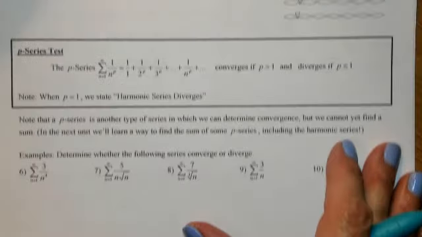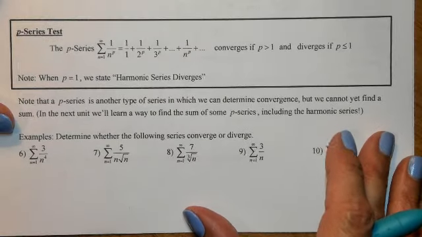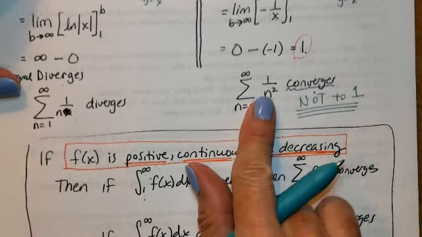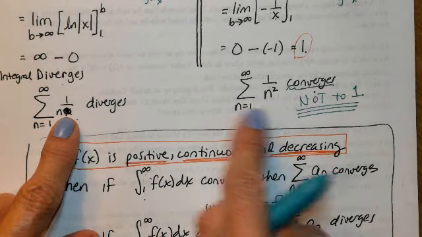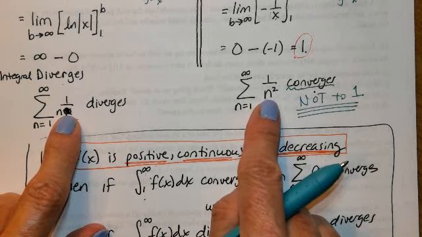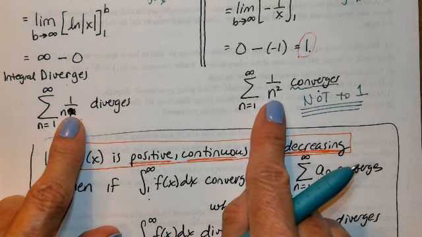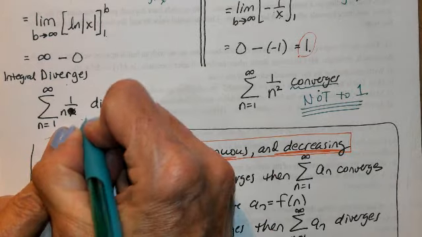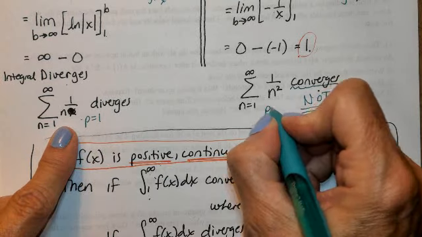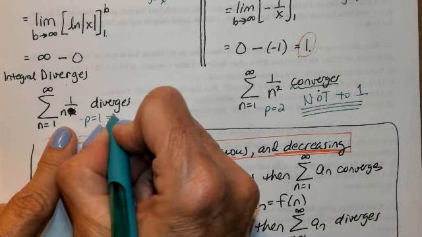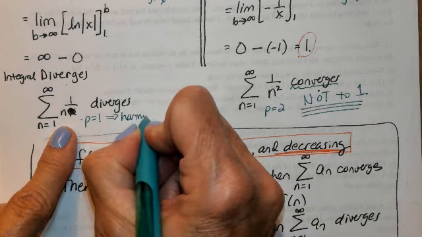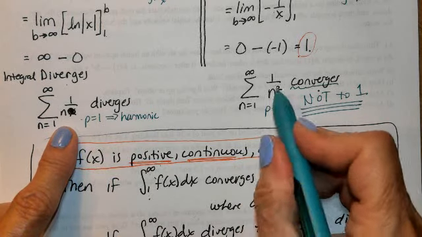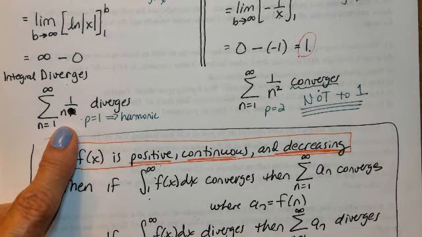Okay, here's what the p-series test says. And by the way, these are both p-series. We used the integral test on them, but they are both p-series. In this one, p equals 1, and in this one, p equals 2. When p is 1, it's called harmonic, okay? And in this one, p is 2, right?